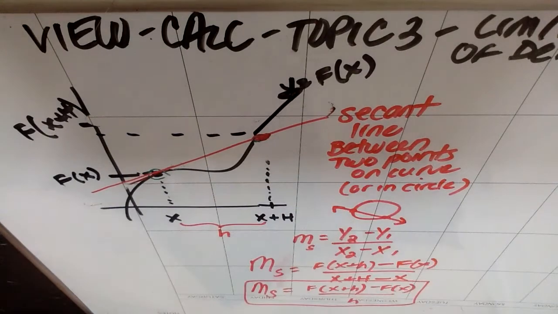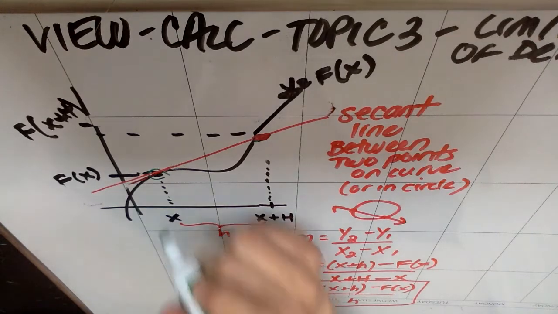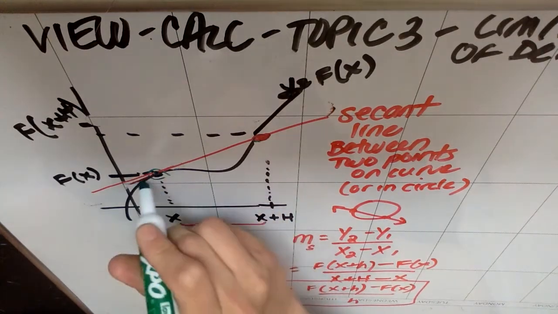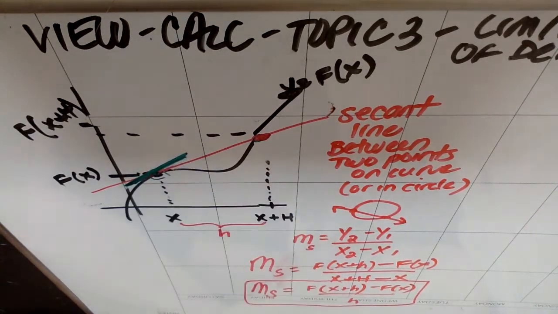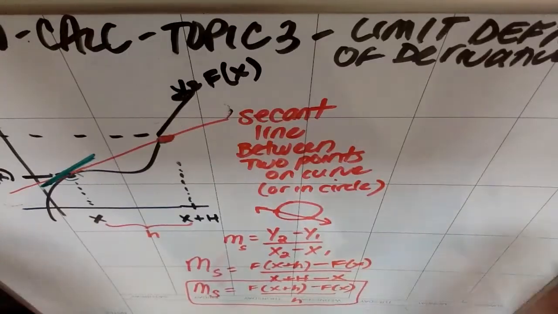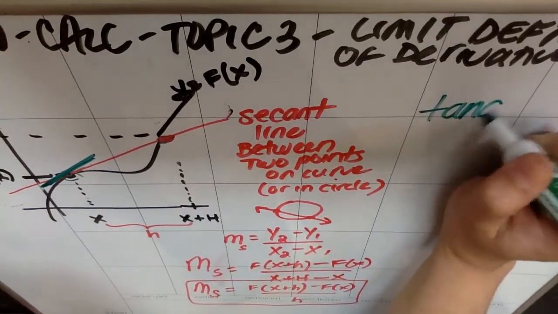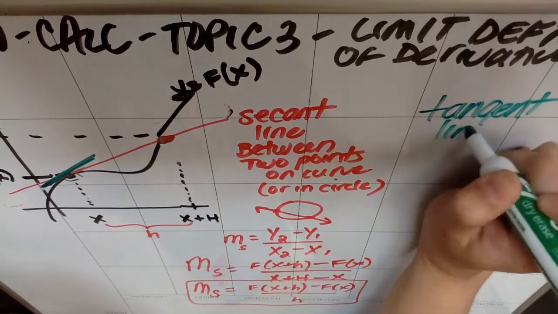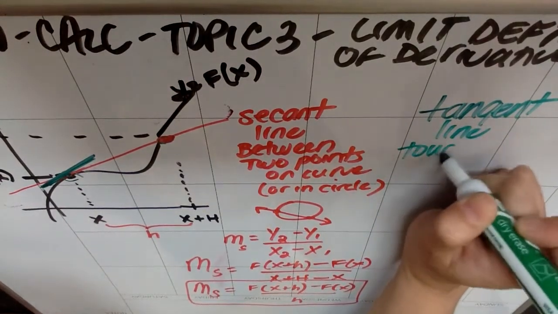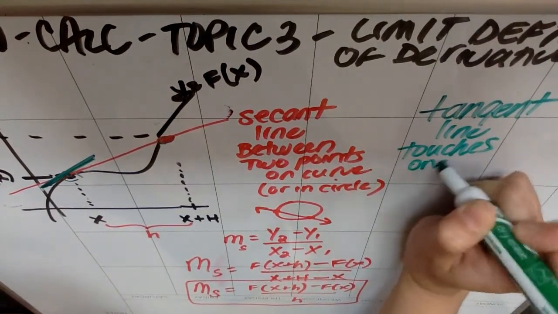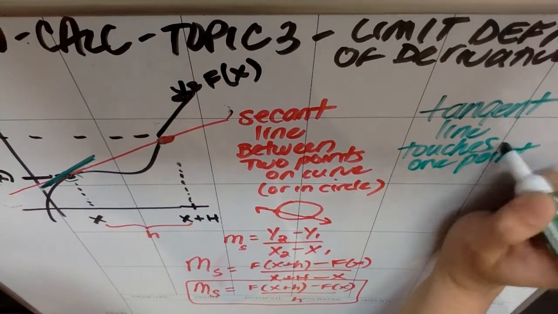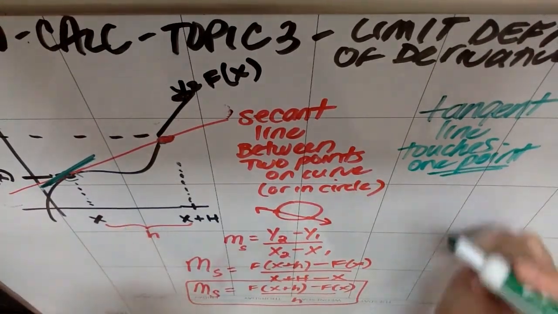Okay, so if I want the slope of a line tangential to a curve, or the tangent line, what we mean is we want the line that only touches the curve at one spot, okay? A tangent line touches 1 point on a curve, like you see here, or on a circle, right?